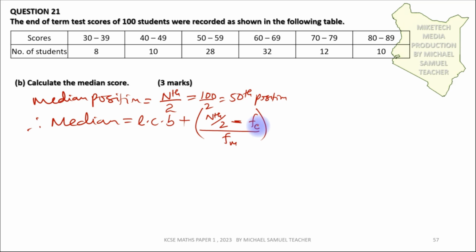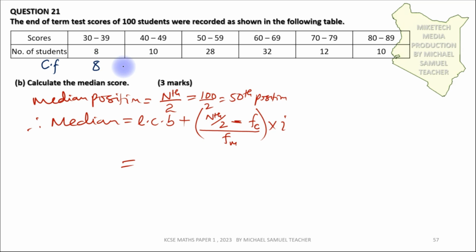This is the cumulative frequency preceding the median class, then times the class interval. So for our case here, first we need to indicate cumulative frequency. We can have a row, and we get the cumulative frequency by adding the corresponding frequency, that is the number of students.